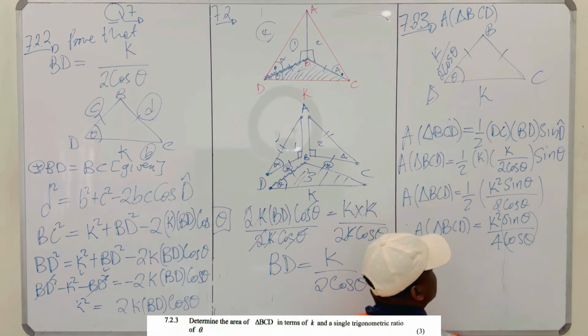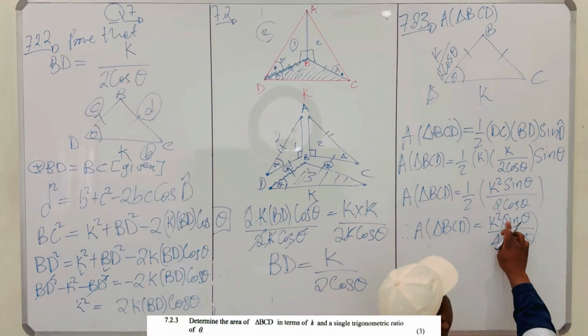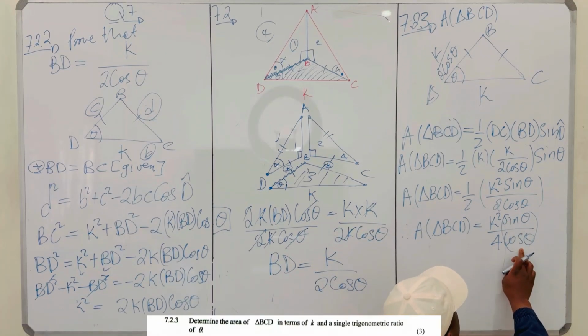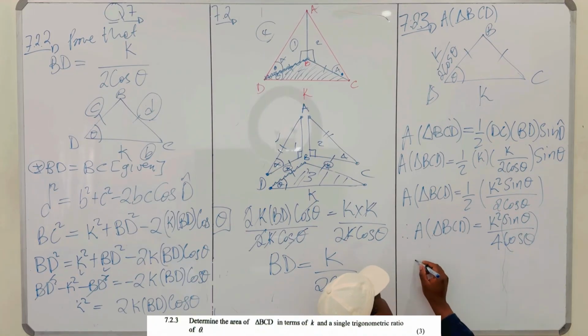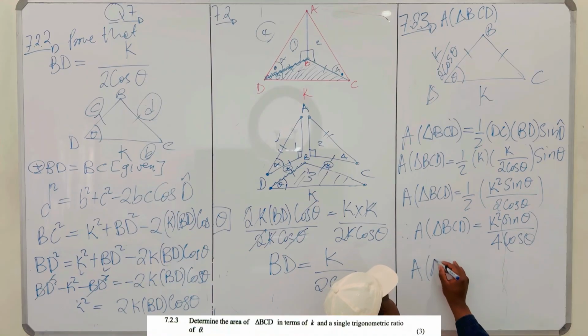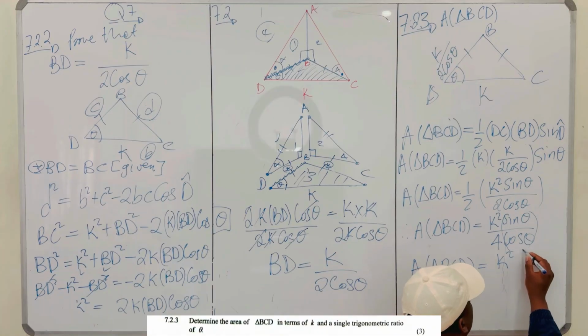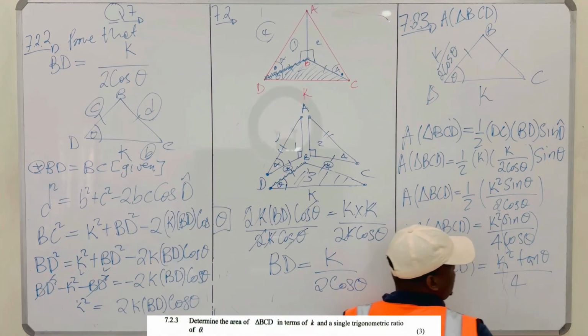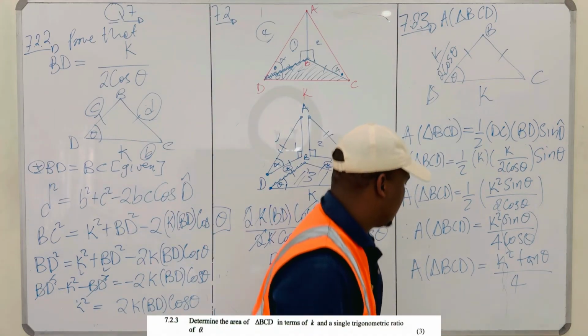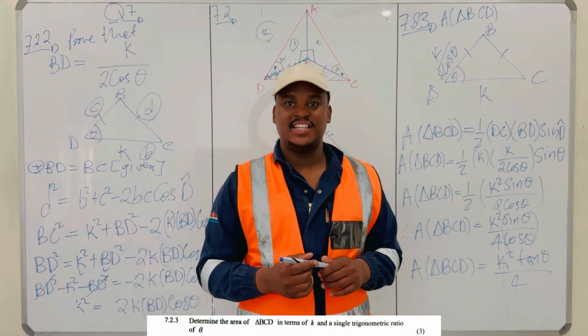And this is tan, so sine theta over cosine theta, or sine theta divided by cosine theta, is the tangent of theta. So your area for triangle BCD is equal to K squared tangent of theta all over 4. So this should be our area for triangle BCD.